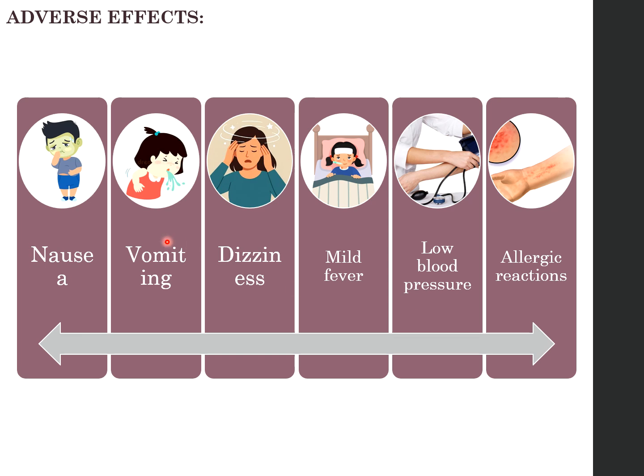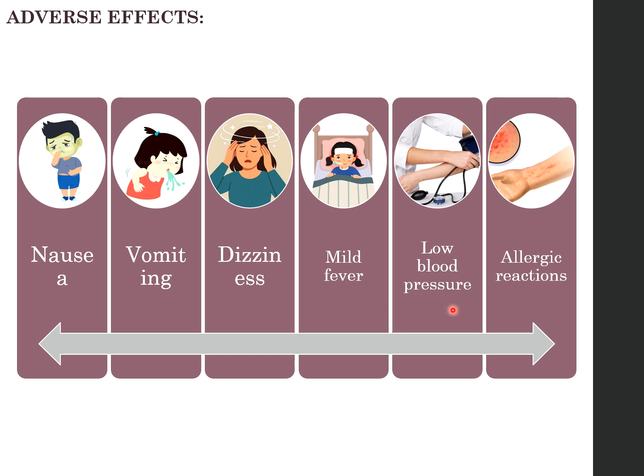Adverse effects: usually it causes nausea, meaning we feel like vomiting but we won't vomit, and also it causes vomiting and dizziness, and mild fever because of immune action, meaning our immunity will react because of the rapid degradation of the clot, and also it causes low blood pressure.